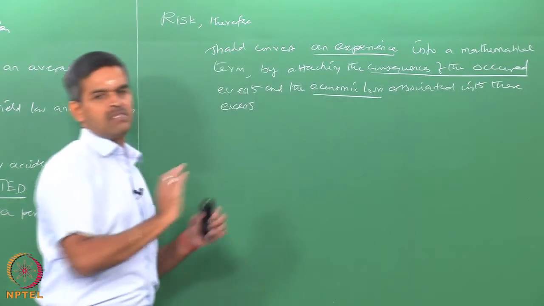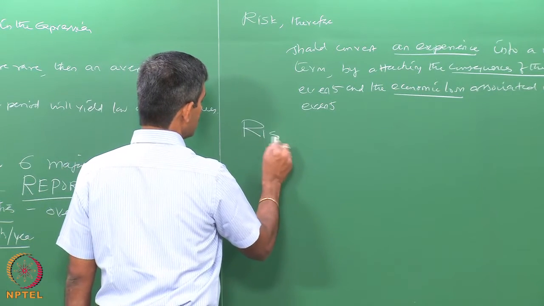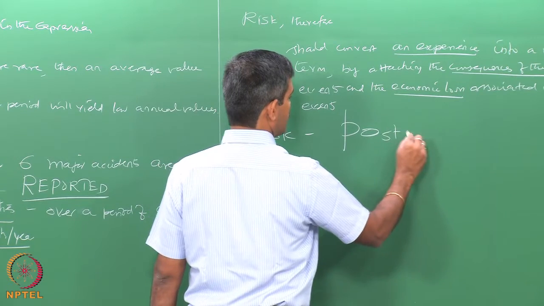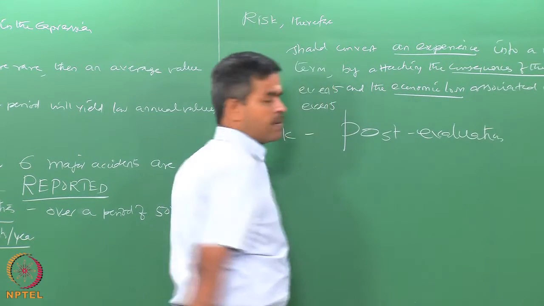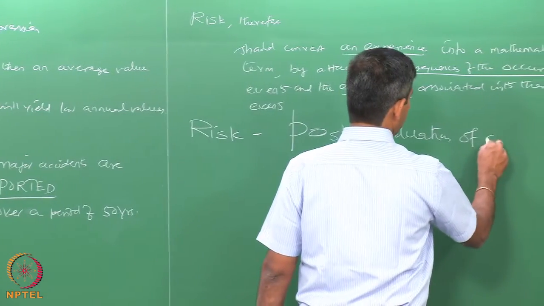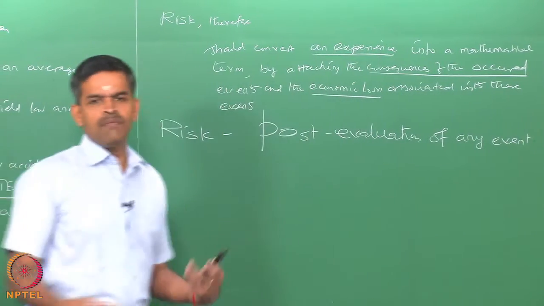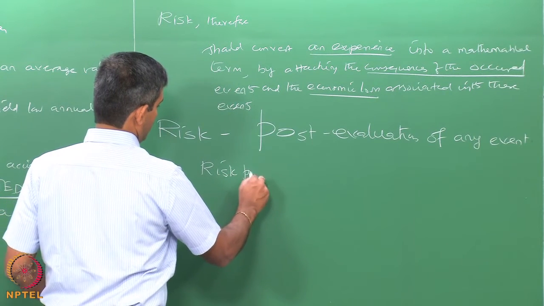Now, there are some keywords here. Please understand, risk therefore is a post evaluation technique, my dear friends. It is a post evaluation of any event. Then what do you actually mean by risk prevention?